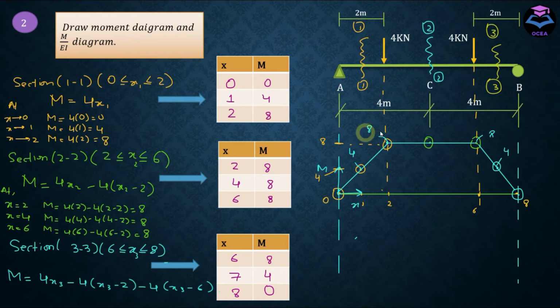If I divide all values of the moment diagram with EI, flexural rigidity, then I would obtain the M over EI diagram.